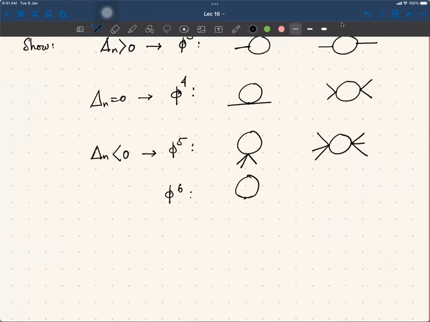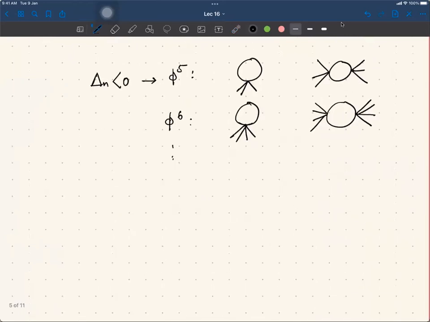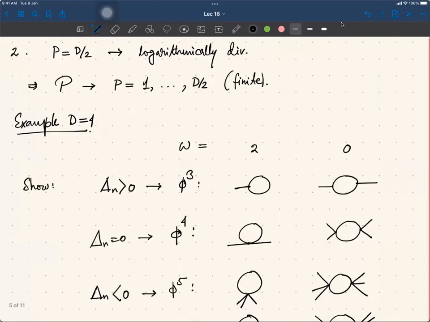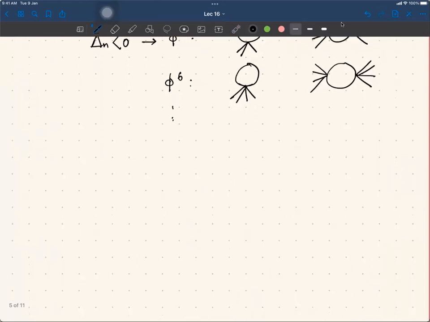So there are two lines here, so there are 4 more lines coming out. And so on, all higher powers of phi are in this group, delta n less than 0. So this is the list of primitively divergent graphs for various phi to the power n theories.